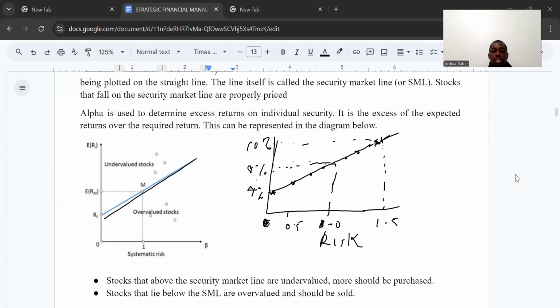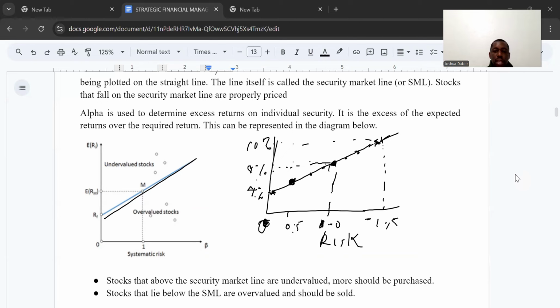The higher the risk, at zero the risk-free rate return was 4%, and as it keeps moving higher, the return also keeps moving higher. But we are expecting that for securities that are well priced, the return will be on the security market line.